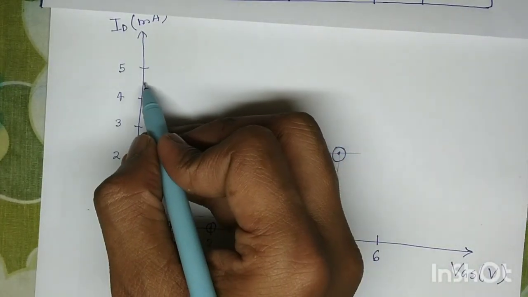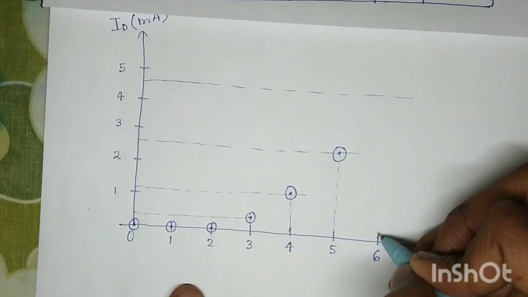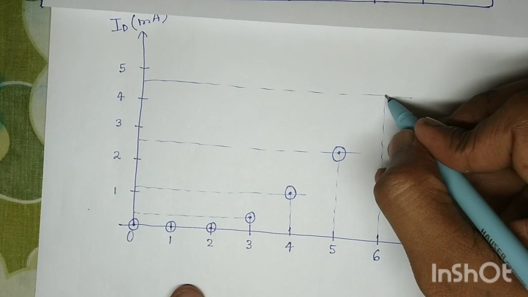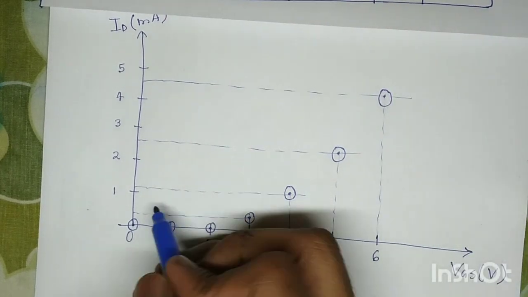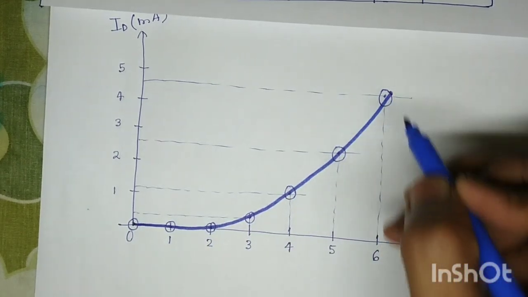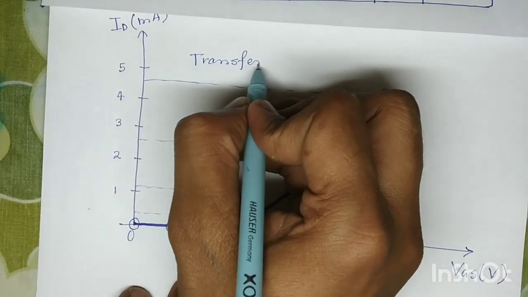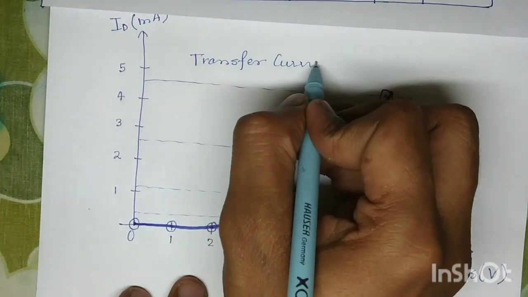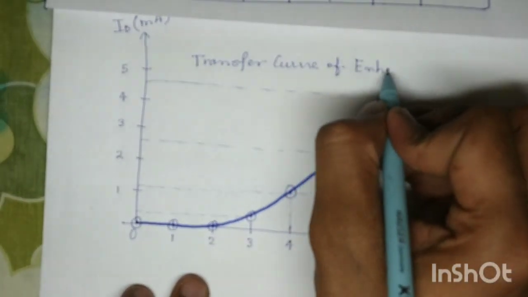So when it is nearly 4.5 milliampere when VGS is equal to 6 volt, representing this point, connecting all the points, this curve is the transfer curve of enhancement type MOSFET.